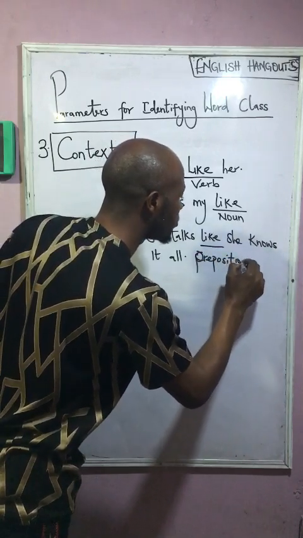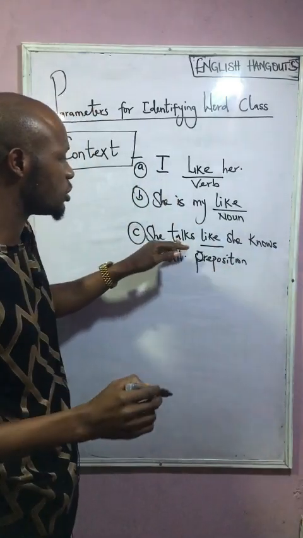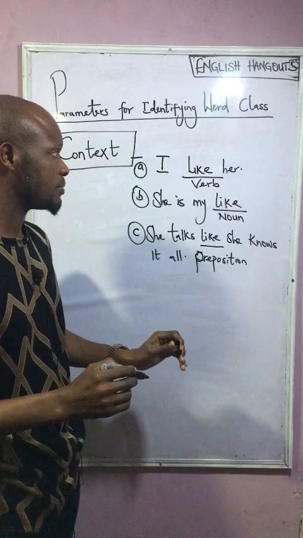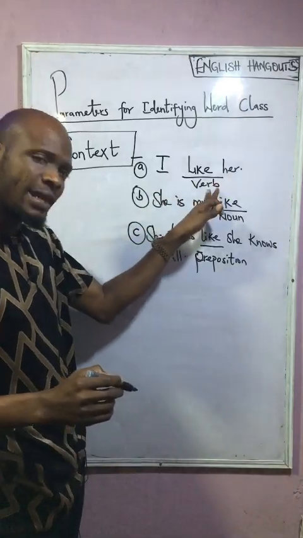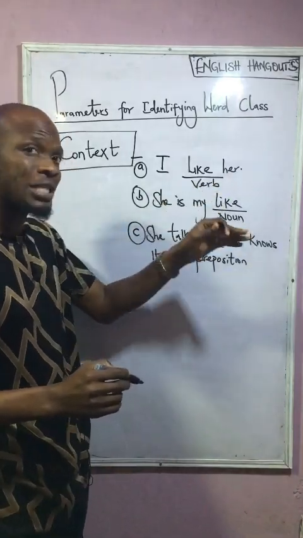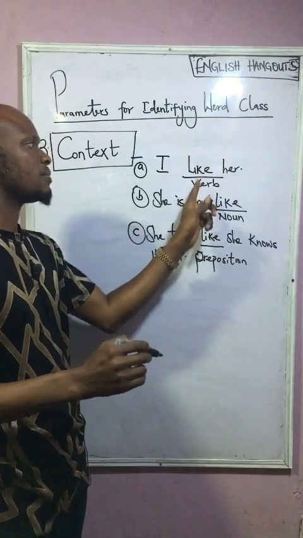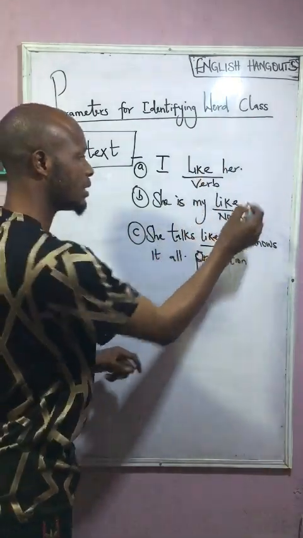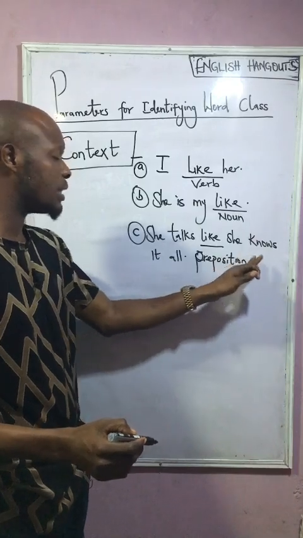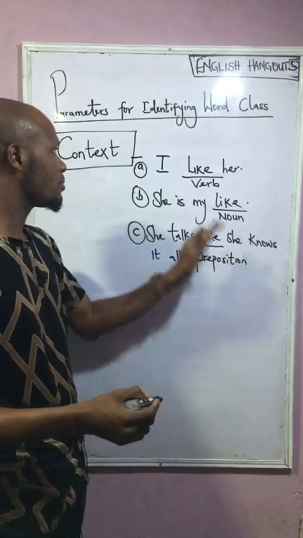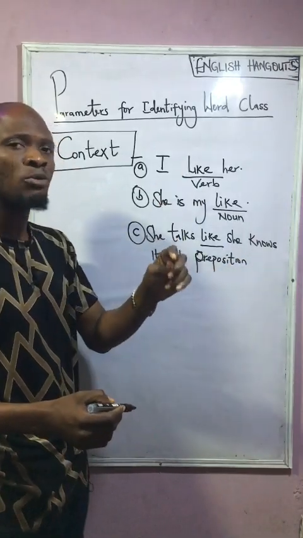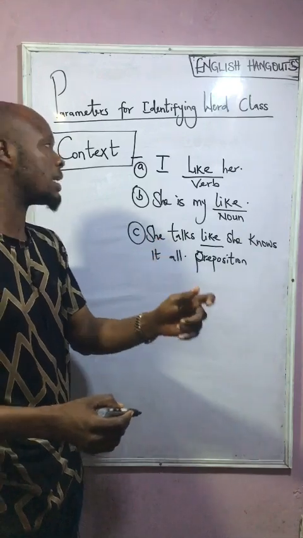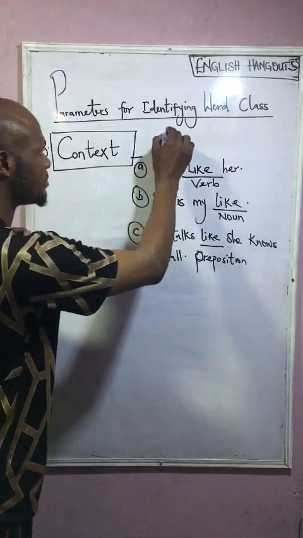It is showing the relationship between these two grammatical units. In I like her, the context dictates it as a verb. The same thing applies with the like here, and in the third example. That is why context is the most acceptable criterion for identifying word class. So that is for like.